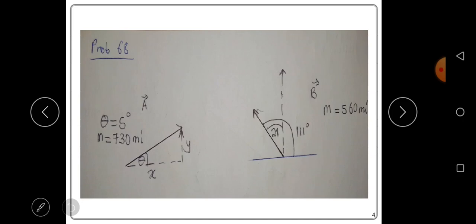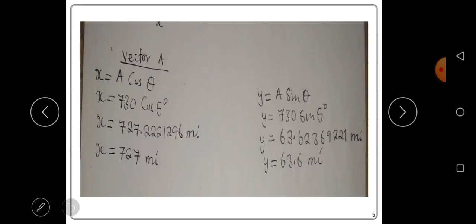So we can continue now to resolve these vectors into their components. We'll start with resolving vector A into its components. To find the x component, we use this formula: x is equal to A cos theta.